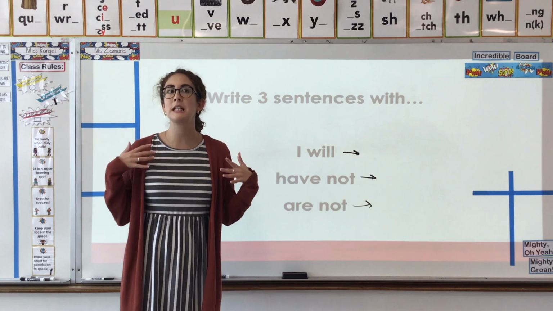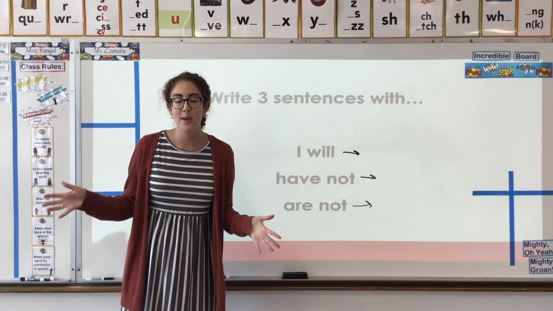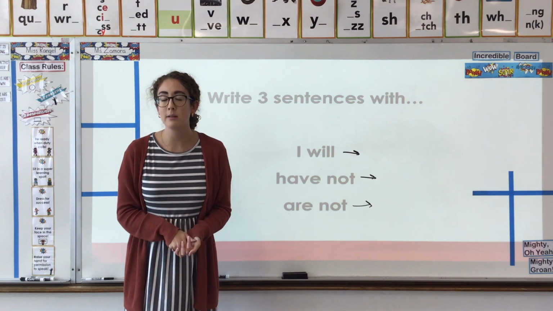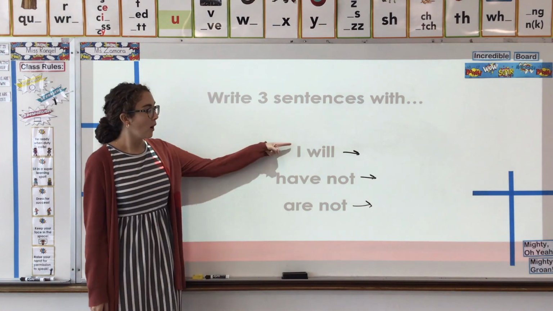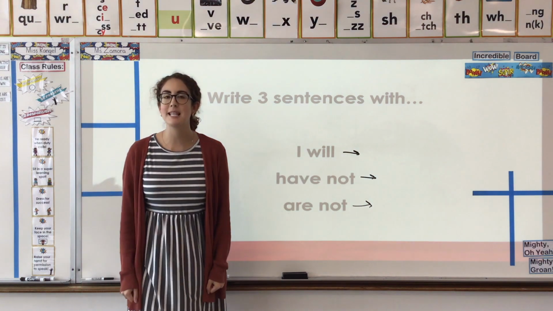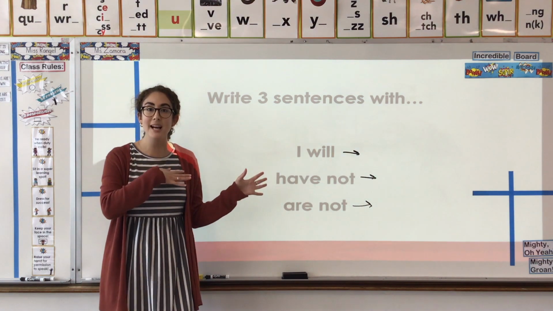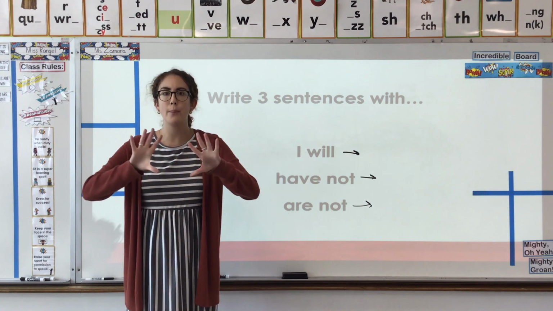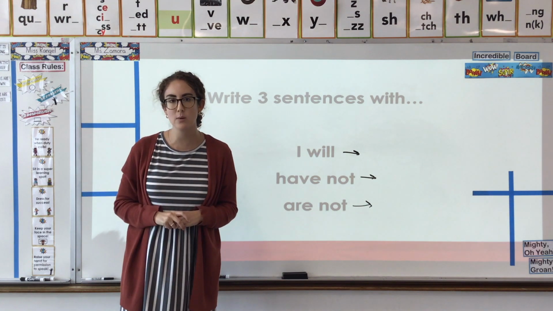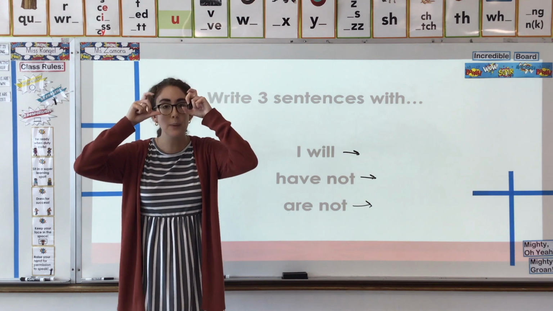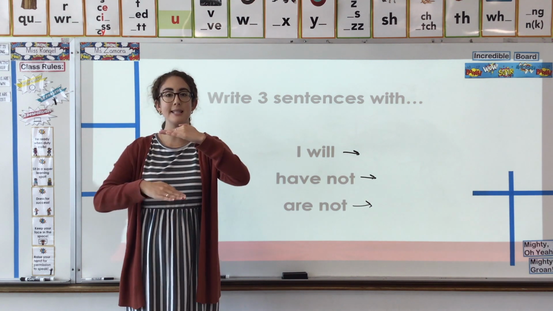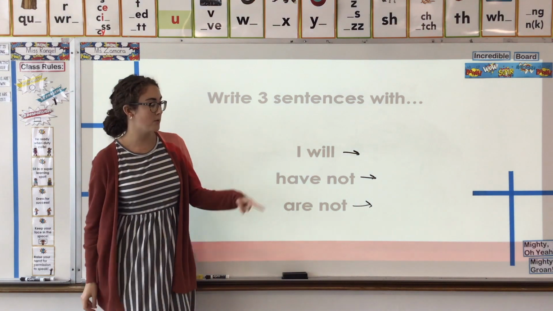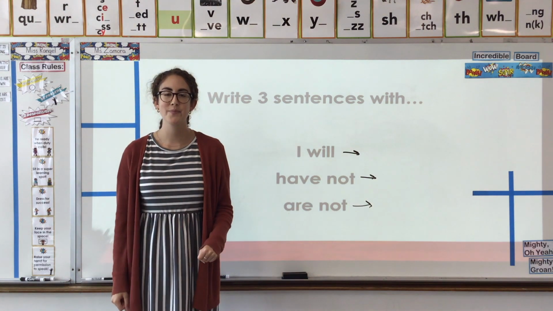They can be completely silly sentences, but you are going to be thinking of whatever you want to write about, as long as it has 1 of these contractions in it. And when you're done, you are going to take a picture of your sentences in your best handwriting so I can see what you wrote. I need to see a picture of all 3 sentences written separately with your best handwriting using a contraction.